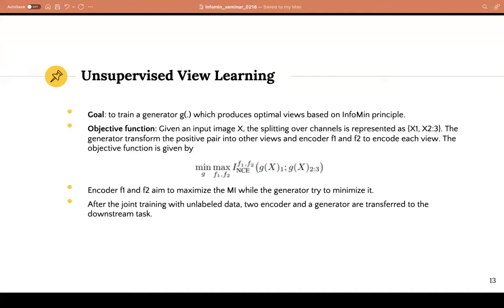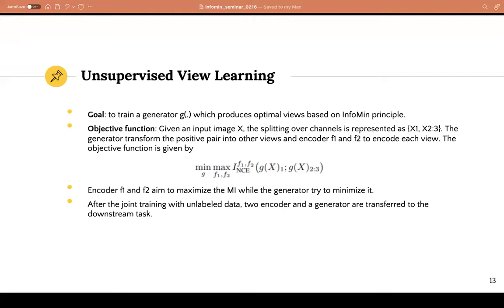Say, giving an input image X, they first split it over channels, so you get 2 views, X1, X2. And then the generator will transform this positive pair into other views. And 2 encoders we use here, F1, F2, to encode each view into representations.